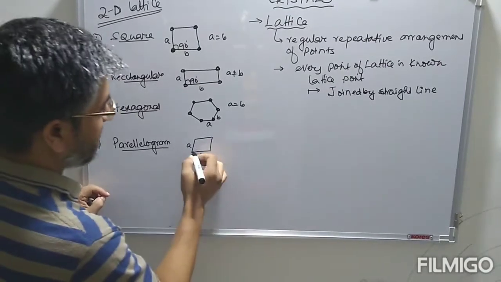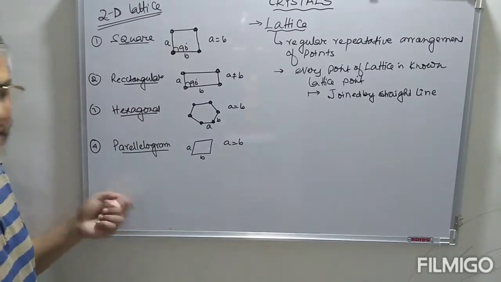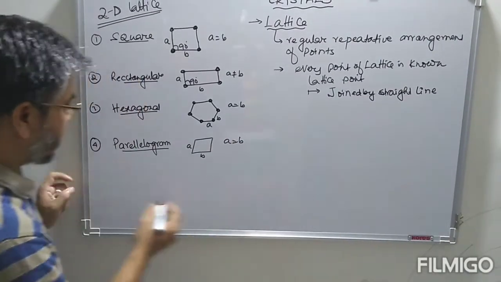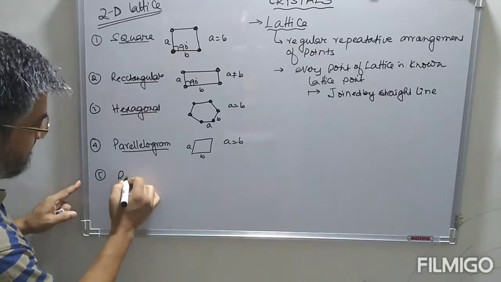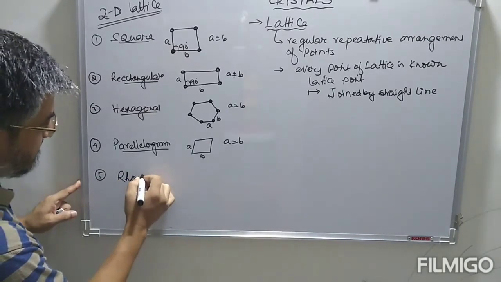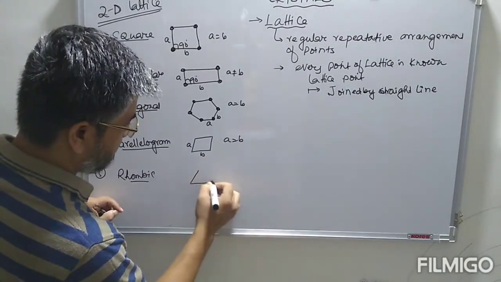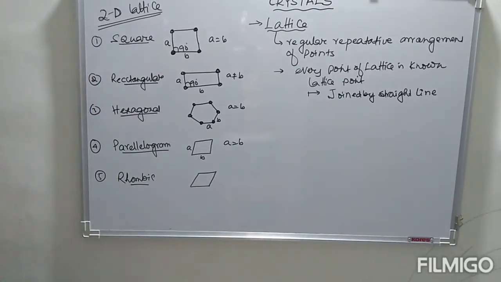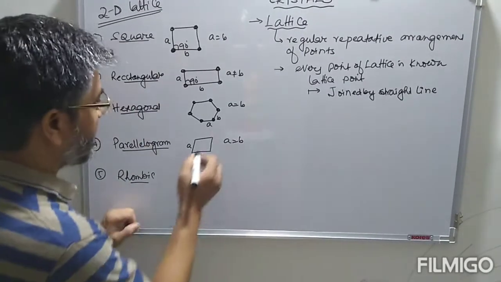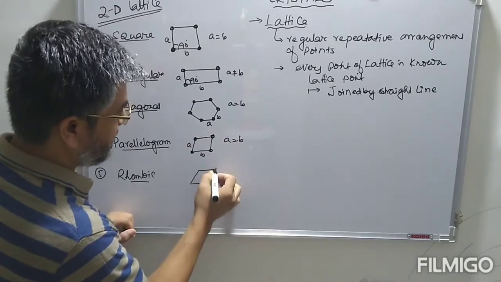A, B. So we have A not equal to B, and the angle is not equal to 90 degrees. We can have rhombic. So these are 5 possible two-dimensional lattices in which the points can be arranged in different forms.